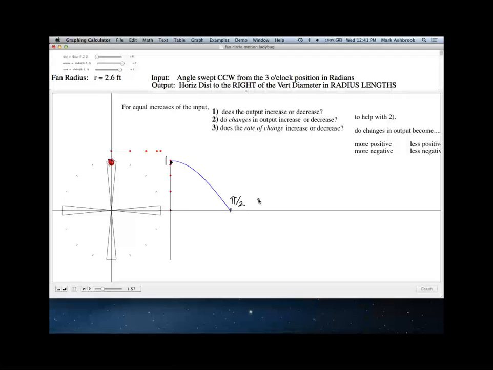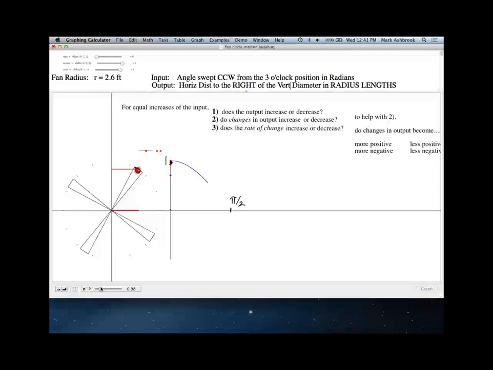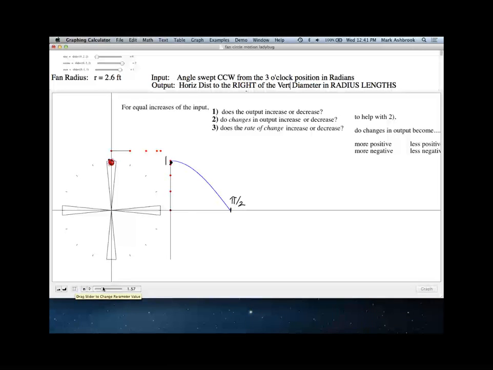Okay? And what about the changes? Do the changes become, in that quadrant, more or less positive or negative? Someone said more negative. Agree with that? Yeah. This is a decreasing quantity here.